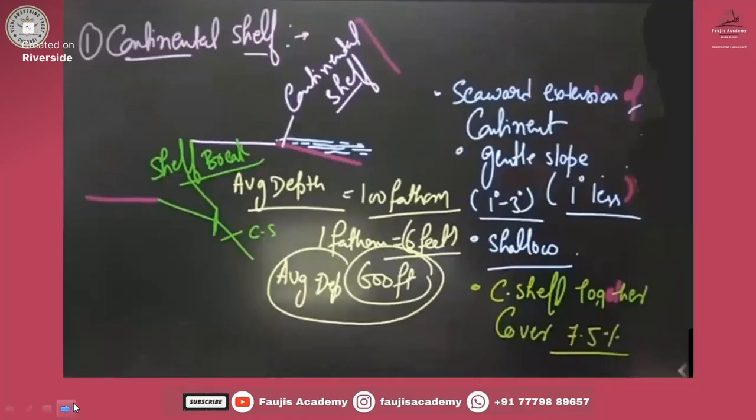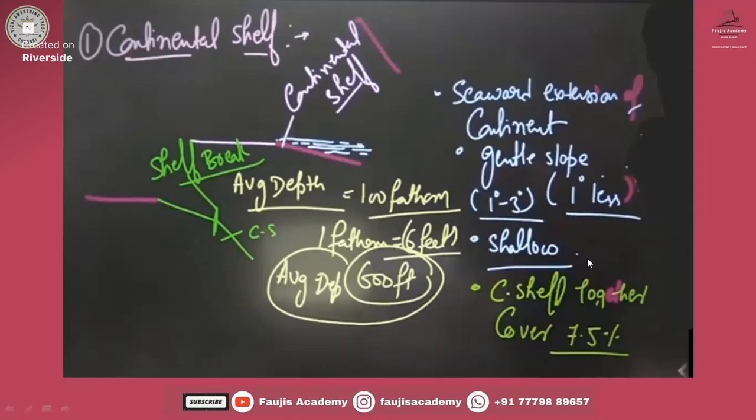So see, here we have given all those definitions. The continental shelf is the seaward extension of the continent, and it has a gentle slope. The slope angle will be less than 1 degree. Somewhere it will be written as 1 degree to 3 degree, but mostly it will be less than 1 degree. There we have shallow water.